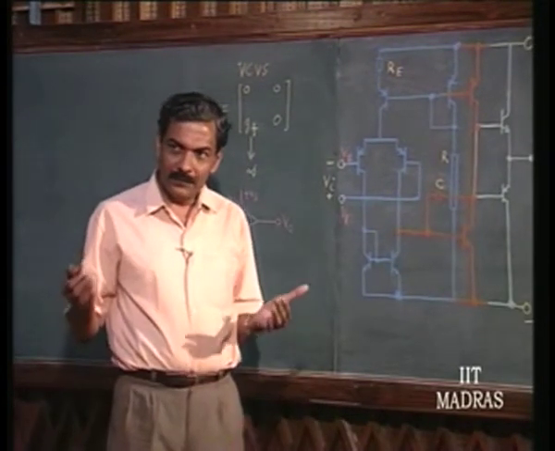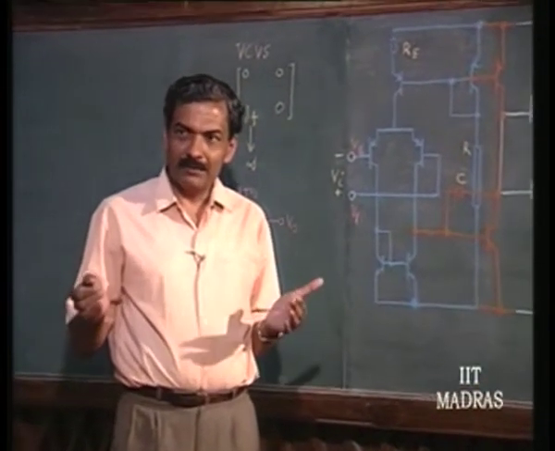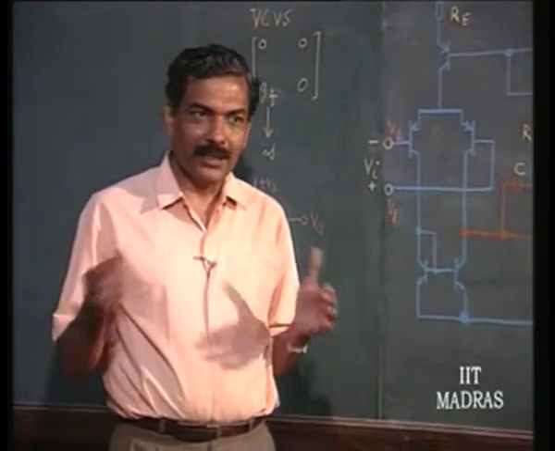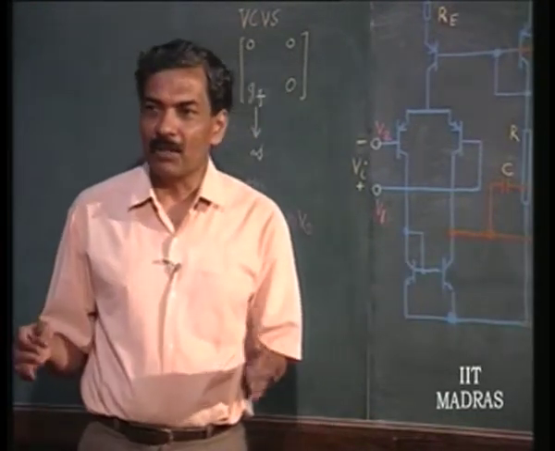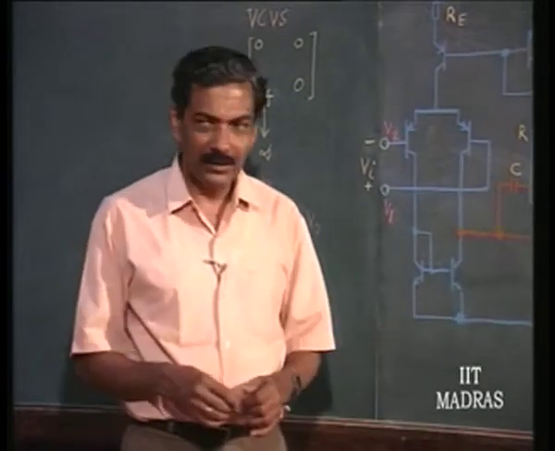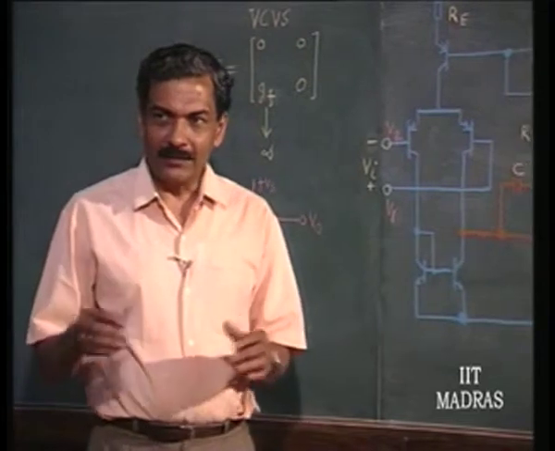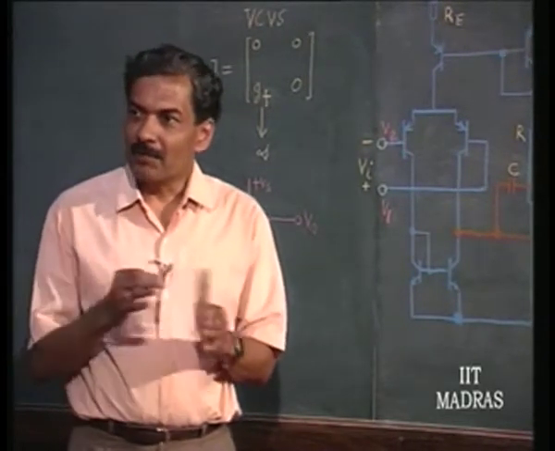So, this kind of topology selection can be done even when we are told that the op amp to be designed should be coming out of a MOSFET structure, or it should be a BiMOS structure. We can then think of appropriate stages using appropriate transistors.